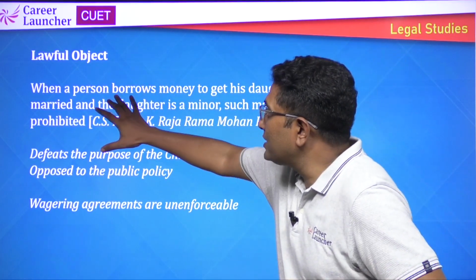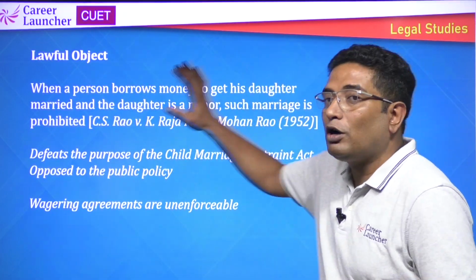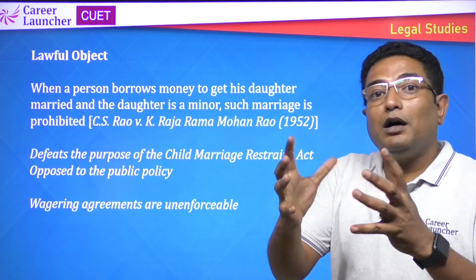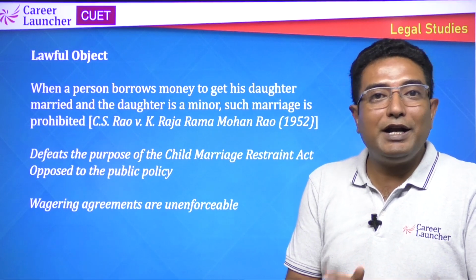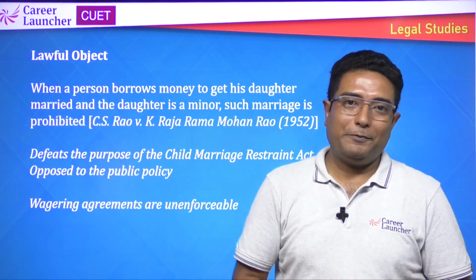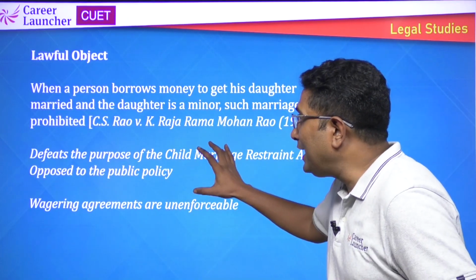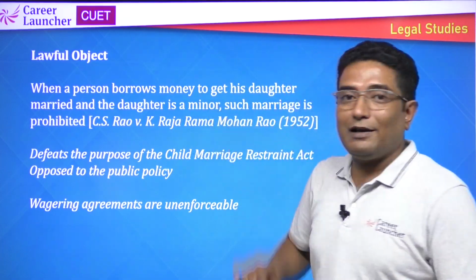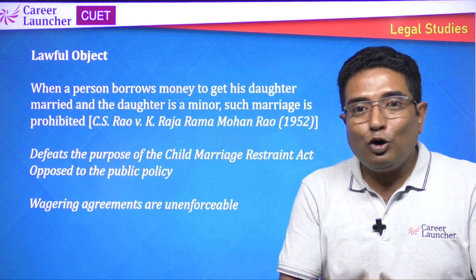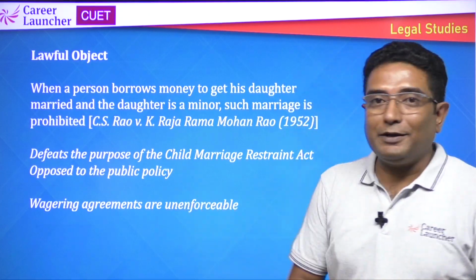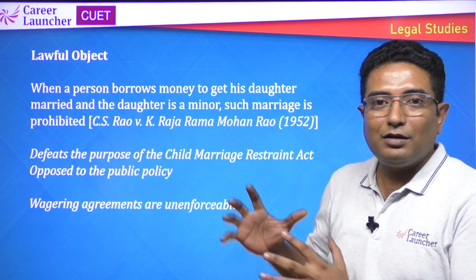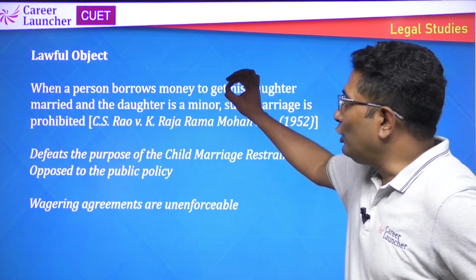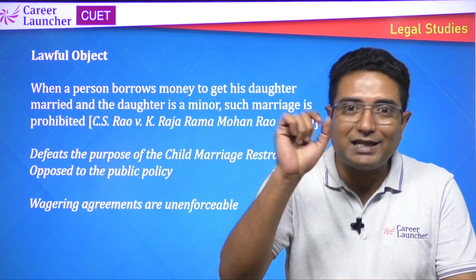The father is borrowing money to get the daughter married, but the daughter is a minor. And marriage of minors is not permitted in India. So it is defeating the law itself, and it is also opposed to public policy. Hence, we do not have a lawful object in this case.